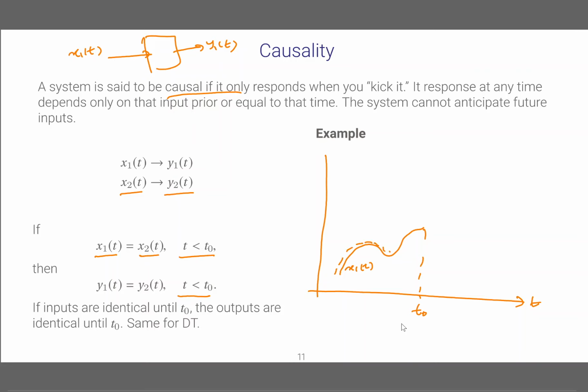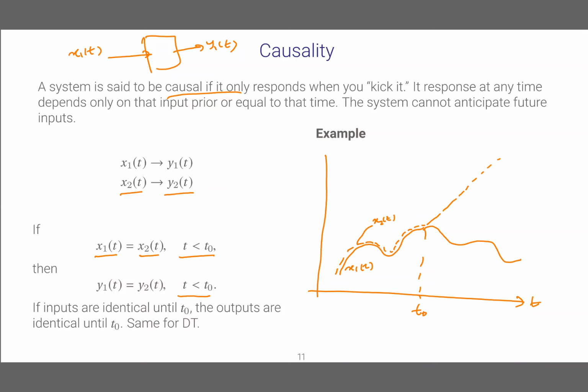I'm drawing exactly the same signal, but to show you that these are two different signals, I'm drawing it with a slight shift, x2(t). Now after t0, x1(t) and x2(t) become different. But the output until t0 cannot anticipate what happened after t0.